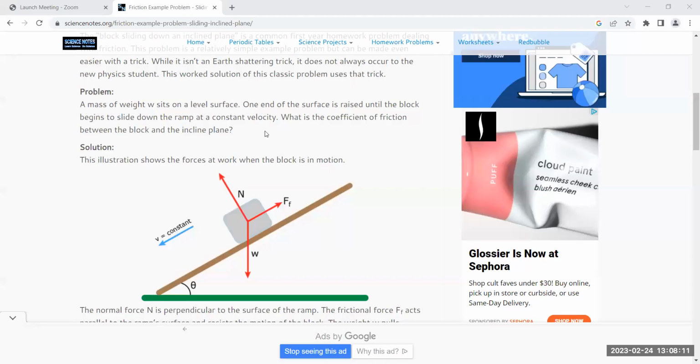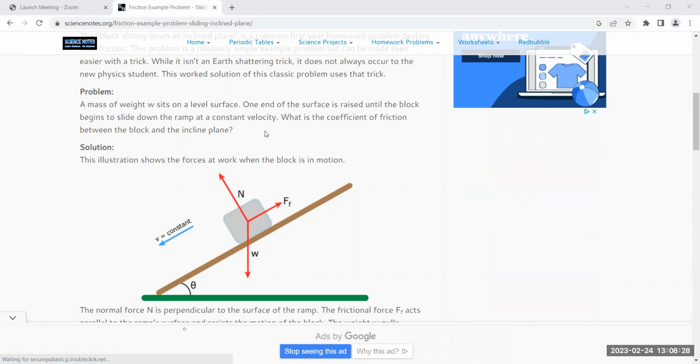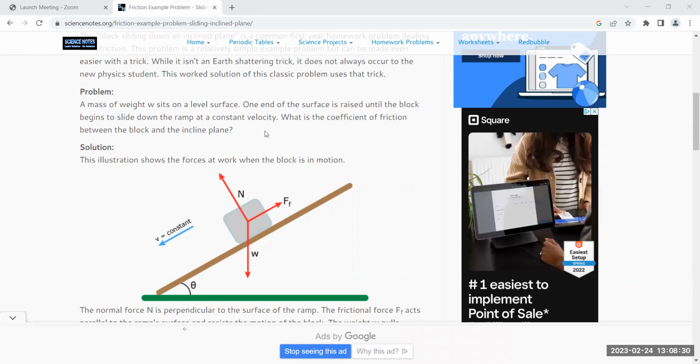All right, so I want to go into another example here of these inclined plane problems. If you have started on the next homework, you have probably seen that these kinds of problems are the focus of that homework set.